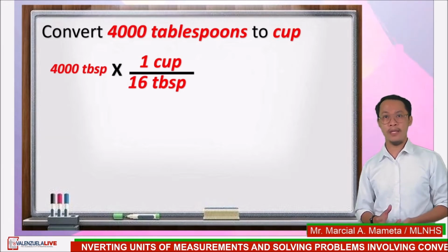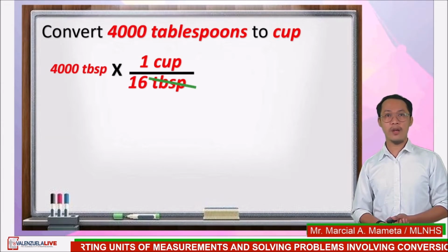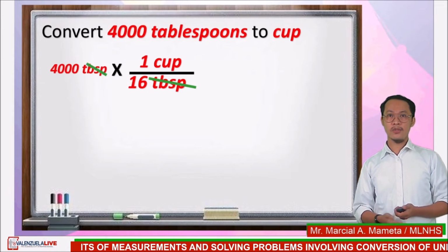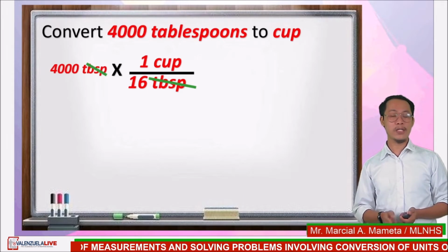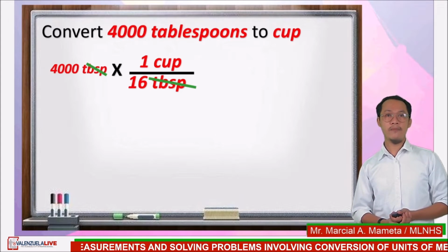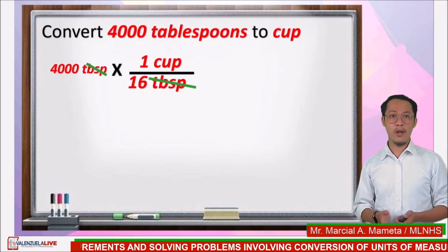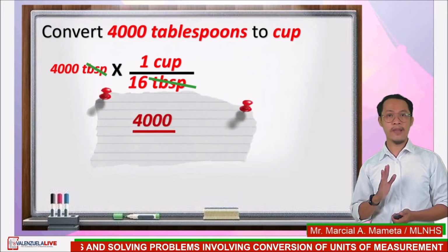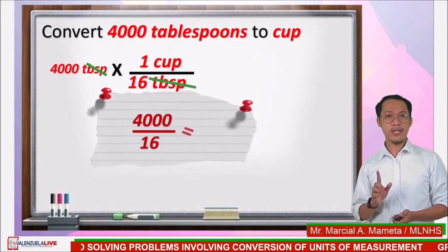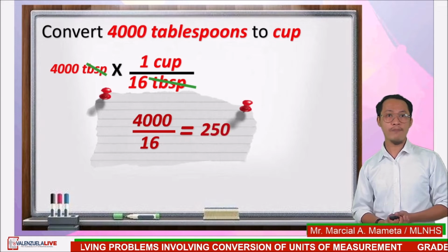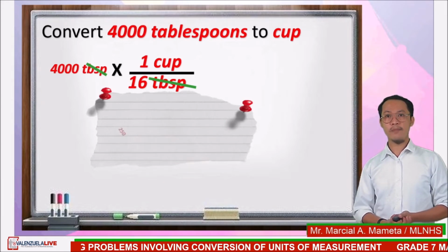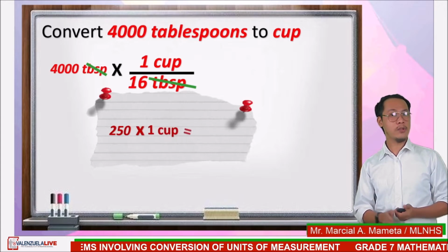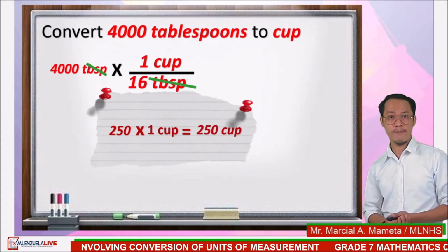So multiplying, we may cancel out the units of tablespoons. So the remaining unit for our answer is cups. 4,000 divided by 16 is equal to 250. 250 times 1 cup is equal to 250 cups.